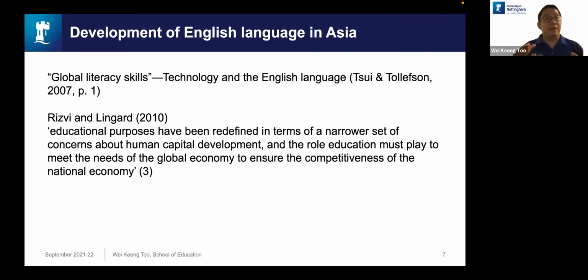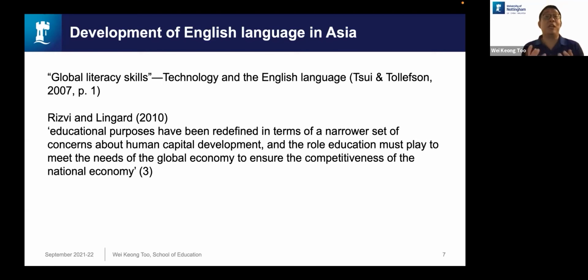Now, Rizvi and Lingard in 2010 said, educational purposes have been redefined in terms of a narrow set of concerns about human capital development. And the role education must play is to meet the needs of the global economy to ensure the competitiveness of the national economy.